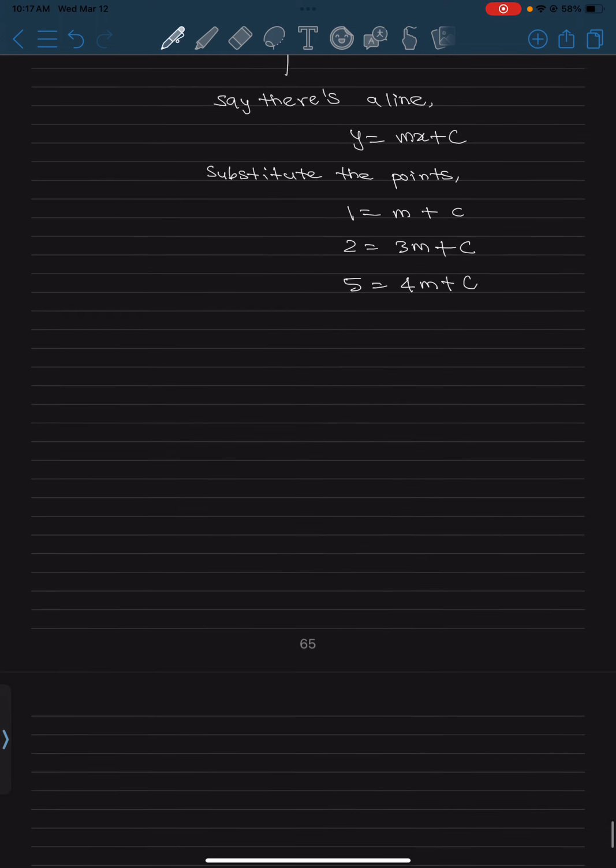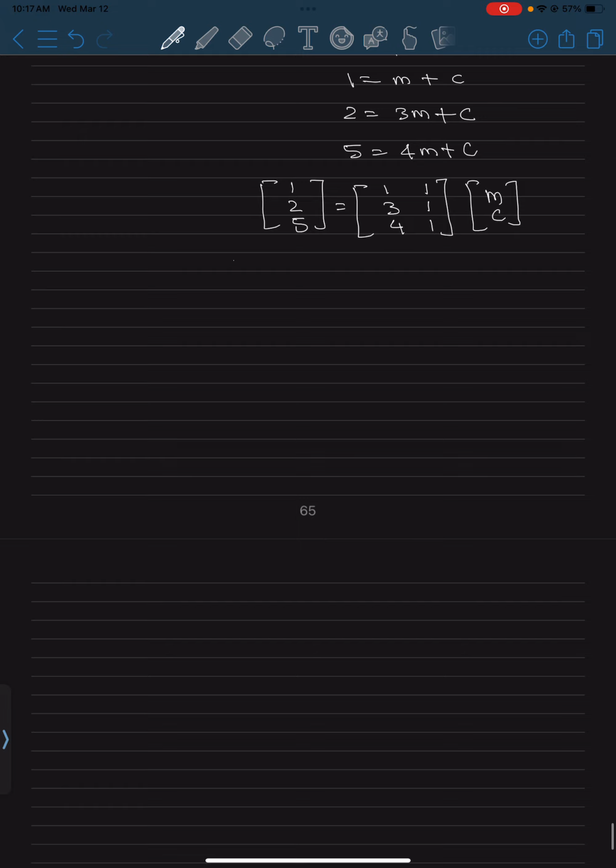Again, we can change it to matrix form: 1, 2, 5 equals the matrix 1 1, 3 1, 4 1 times the vector m, c. Let us write it in a slightly different, easily readable form. Now here we are stuck, right?